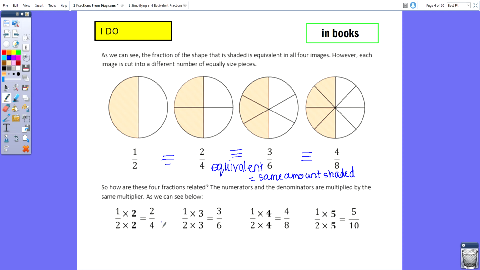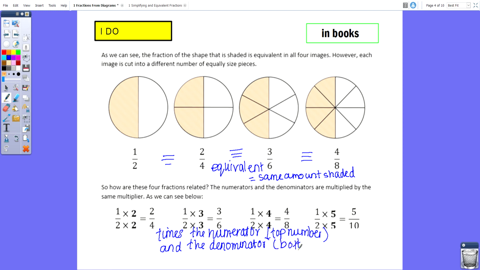So what you're also going to write down is times the numerator, which is the top number, and the denominator, which is the bottom number, by the same number.